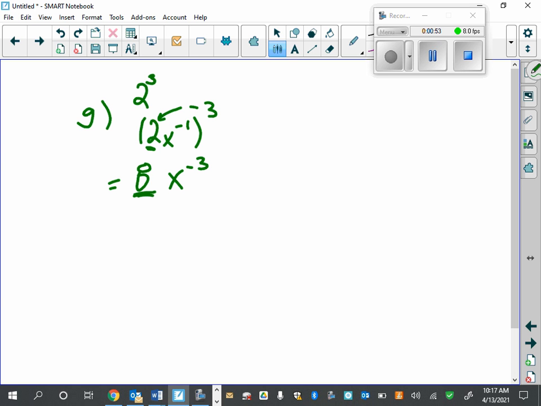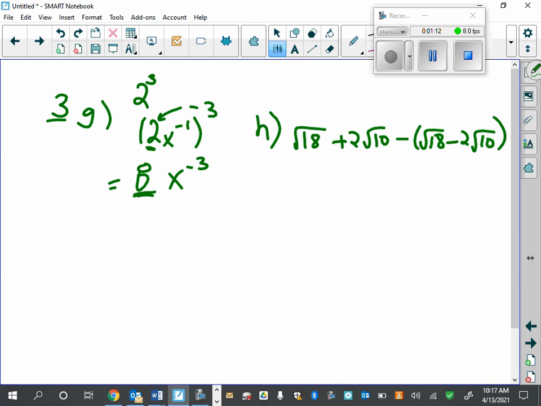This is number 3 on the first page of review assignment number 1 on the front page. H: radical 18 plus 2 radical 10, subtract radical 18, subtract 2 radical 10. You have a choice of simplifying it first, but I notice that these radical 18s are going to cancel, so I'm not going to simplify it yet.